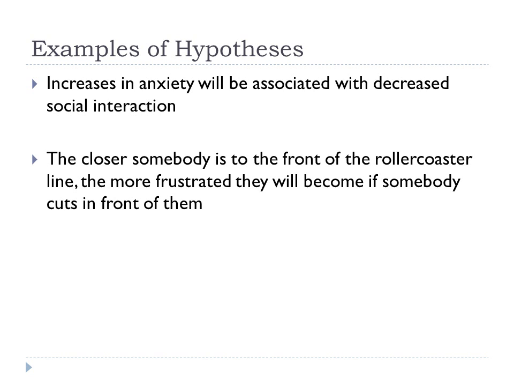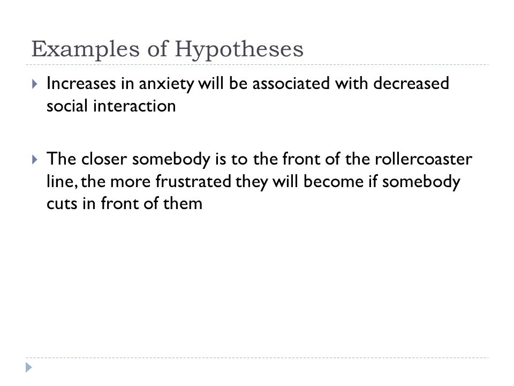Another example would be the closer somebody is to the front of a roller coaster line, the more frustrated they'll become if somebody cuts in front of them. Okay? So I'm talking about, again, the relationship between two variables. The first variable is the distance between somebody and the front of the roller coaster line, and the second variable is the level of frustration of the person that gets cut in front of.